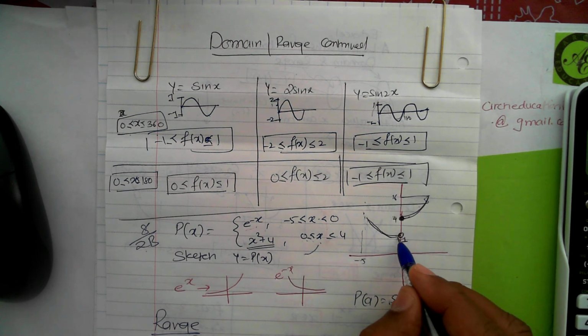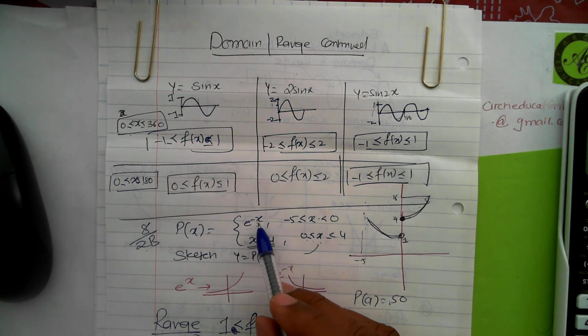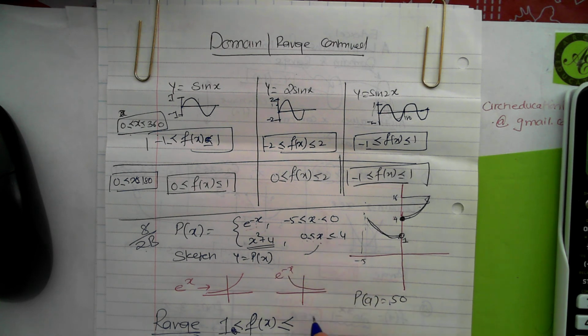So the lowest value the graph can go is 1. So P(x) in this case is not equal to 1, just greater than 1, and less than or equal to e to the power 5. I think that's higher than 16. So this is the range of the graph.